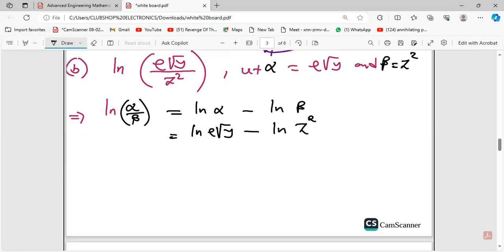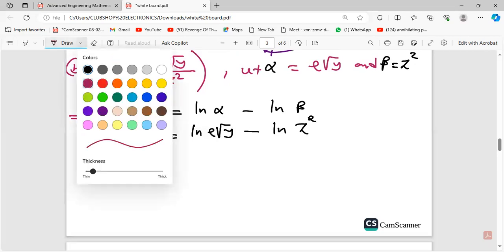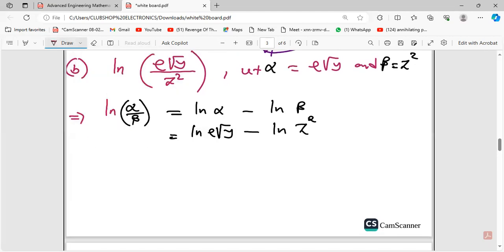Now, you realize that for this part again, we are multiplying. The same as the natural log of e times the square root of y. That's what we have. Minus the natural log of z squared.